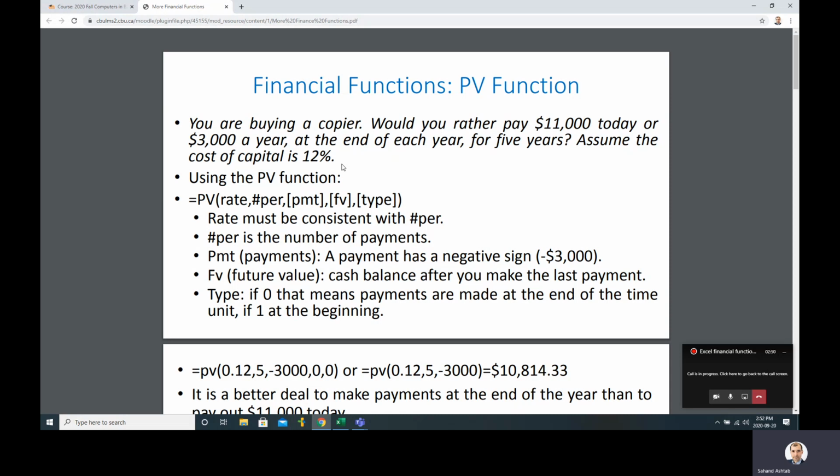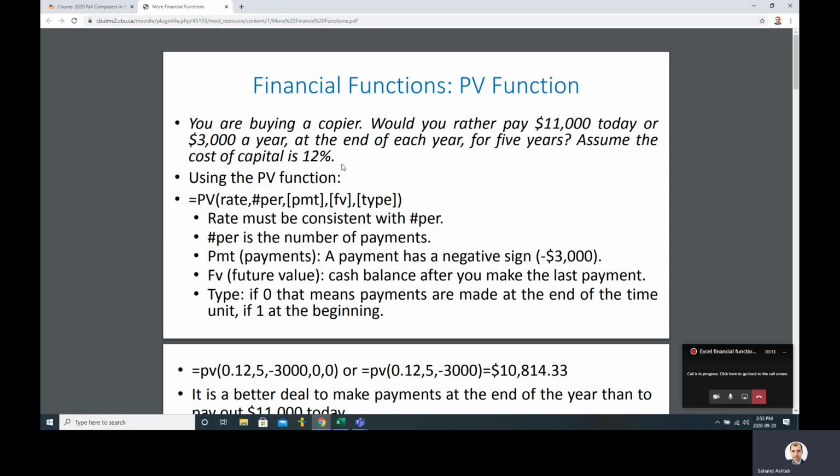Now, in this example, you have $3,000 a year for 5 years. So think of you have placed 3,000 at the end of each year for the next 5 years. Now the question is, is that a better purchase approach at 12% interest rate, or would you rather just pay $11,000 today?